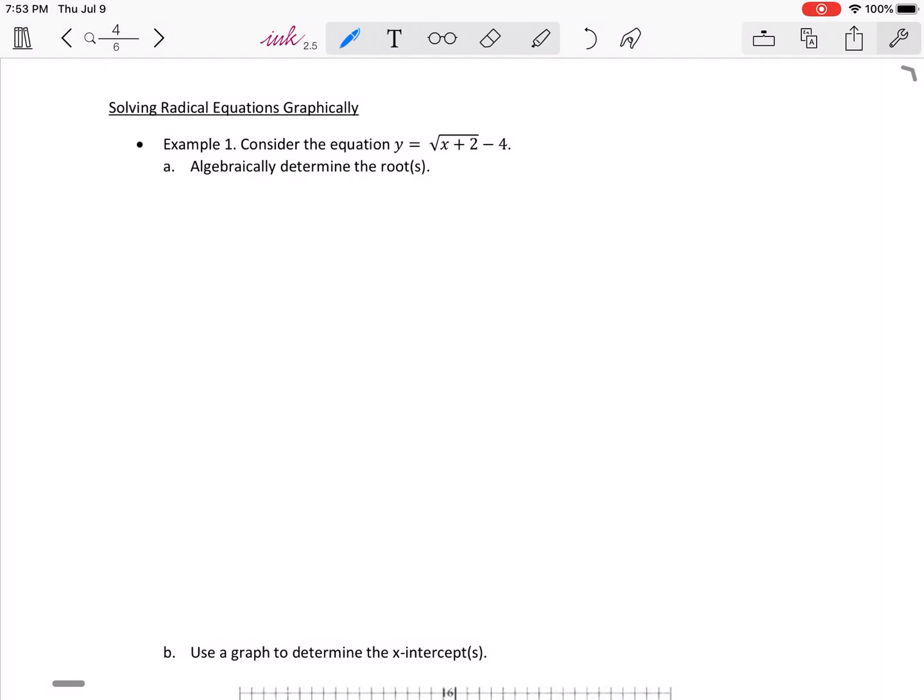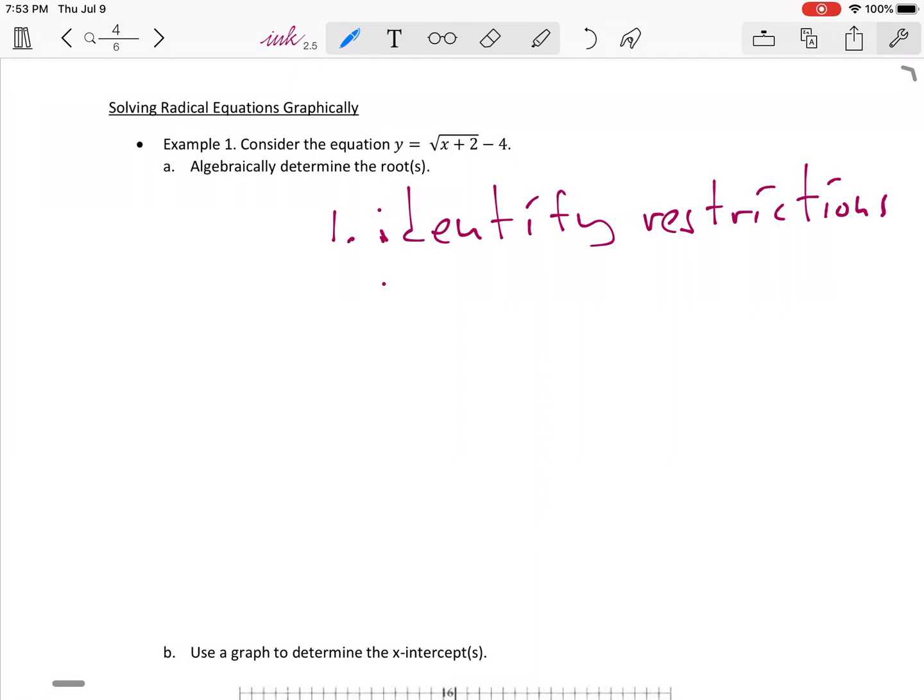So the first thing you want to do is identify any restrictions. Remember, the root itself has to be greater than or equal to 0, because it can't be negative, since then you're taking the square root of a negative.